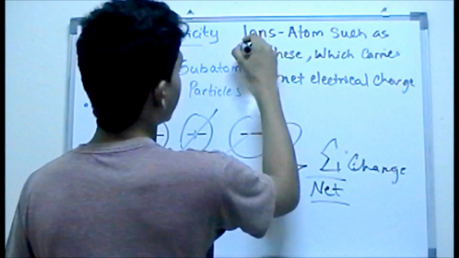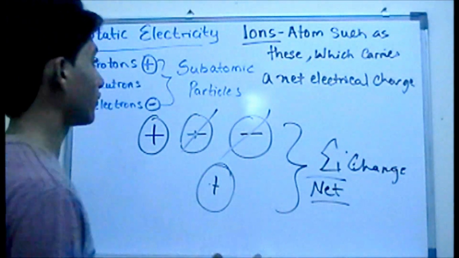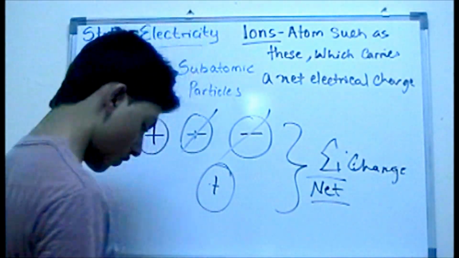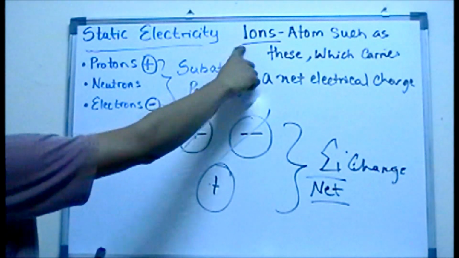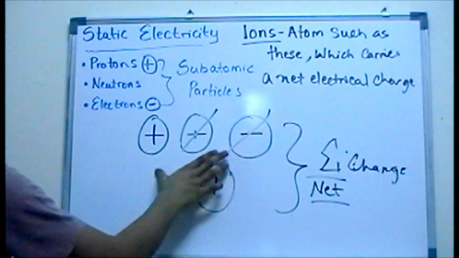That is what is called an ion. Now, how are ions formed? Ions are formed by either adding or removing electrons.